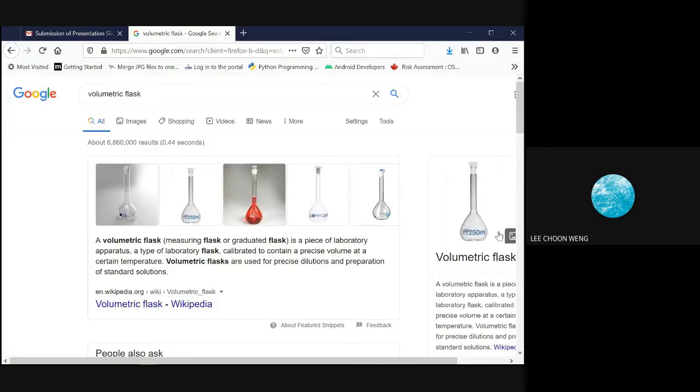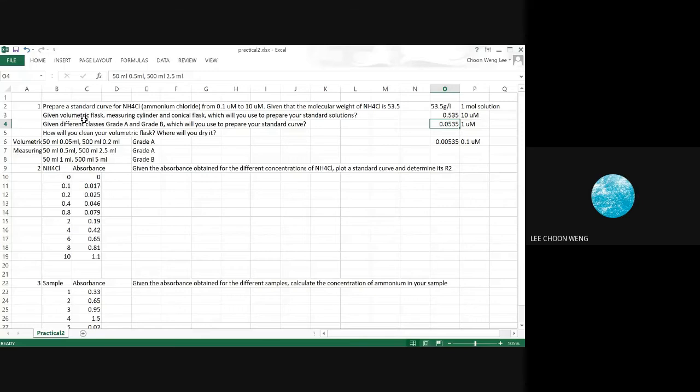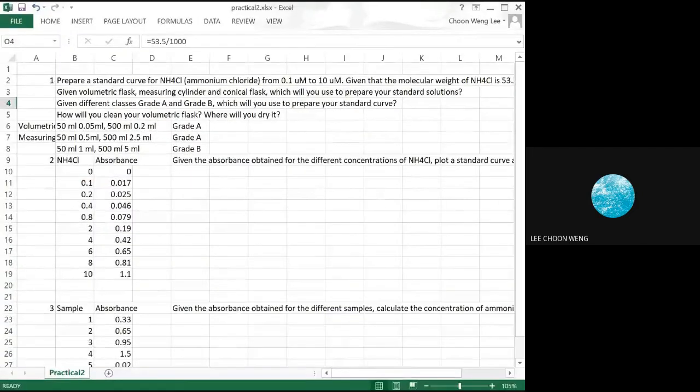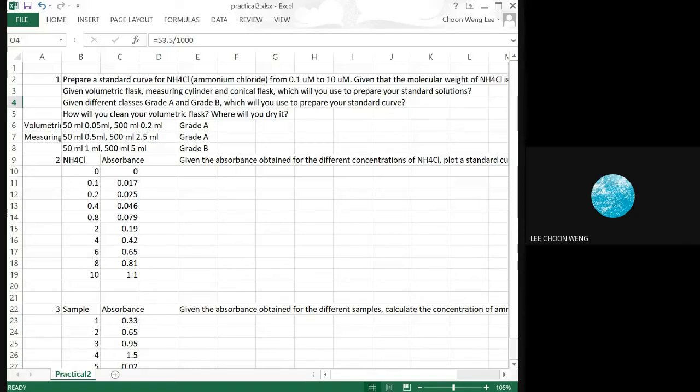Volumetric flask. Okay, it's flat bottom but with a long neck. Not all glassware are built the same.